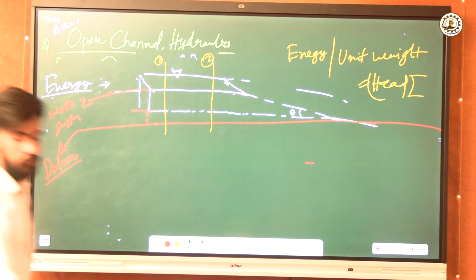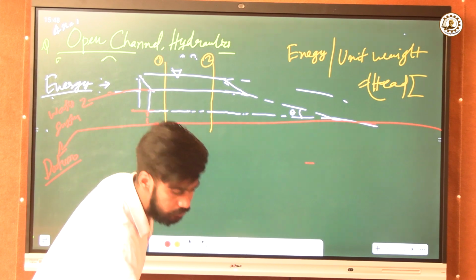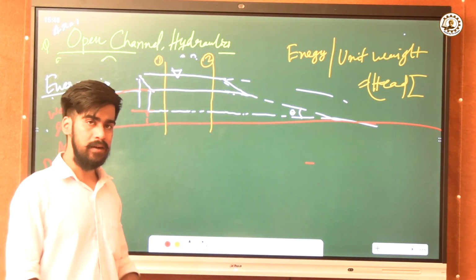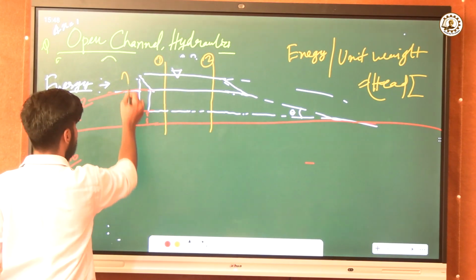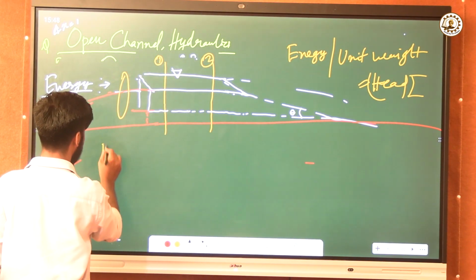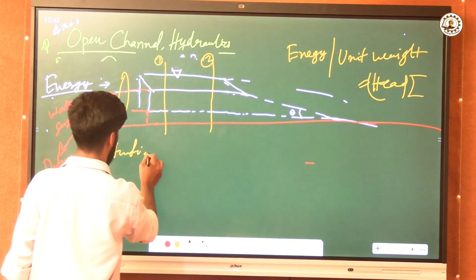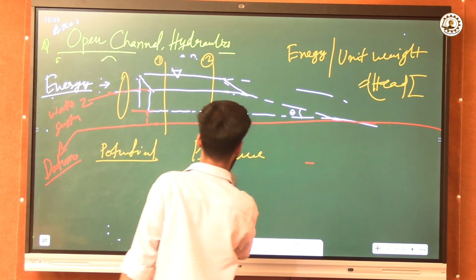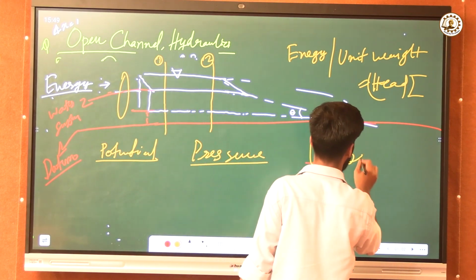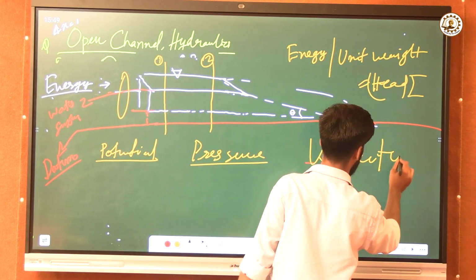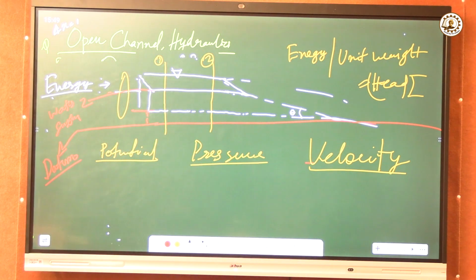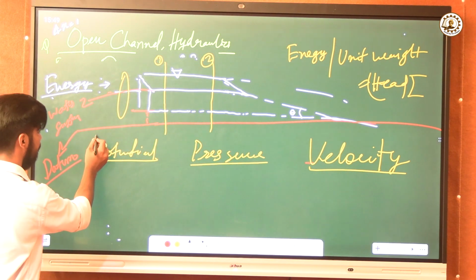Now for understanding the energy equation, energy in a flowing fluid can be stored in the flow in three ways. One is potential, the second one is due to pressure, and the third one is due to velocity. Now I will discuss the mathematical and second part of this in the next lecture.